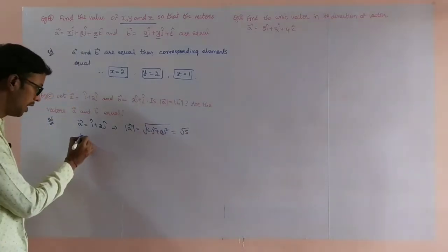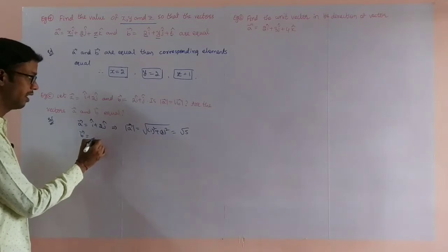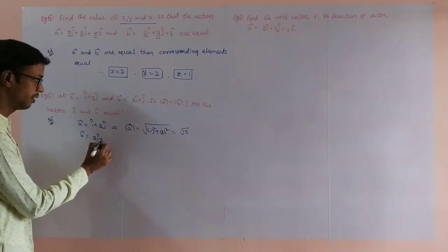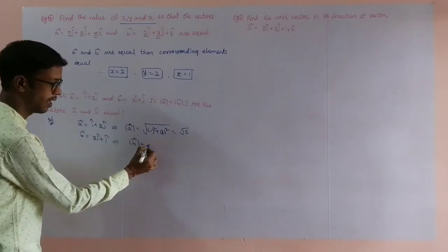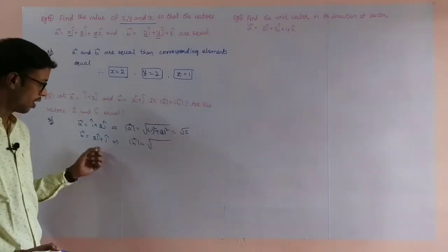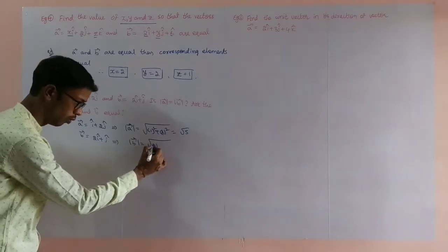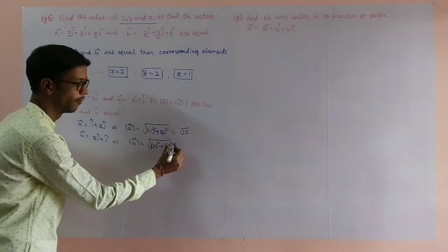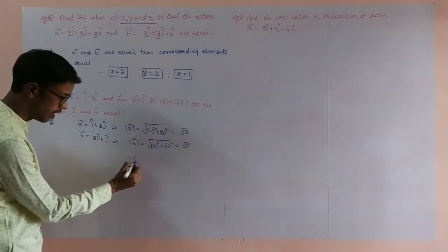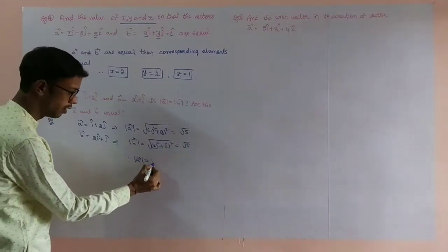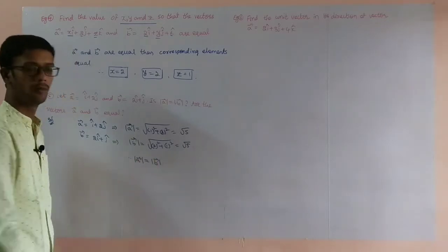Next, B bar is 2i cap plus j cap, which implies magnitude of B bar is 2 square plus 1 square, that is also root 5. Therefore, magnitude of A bar is equal to magnitude of B bar.